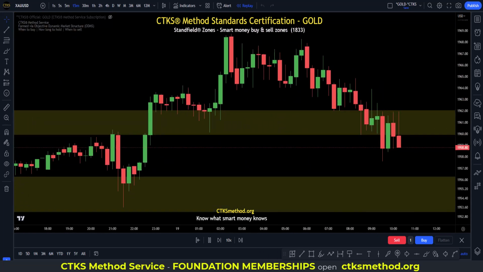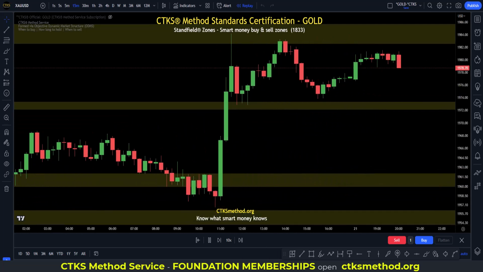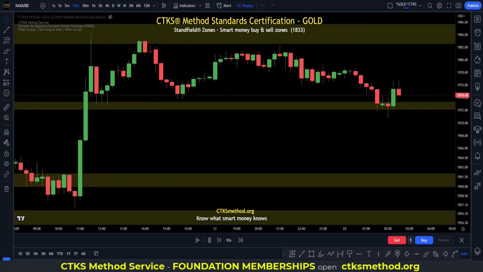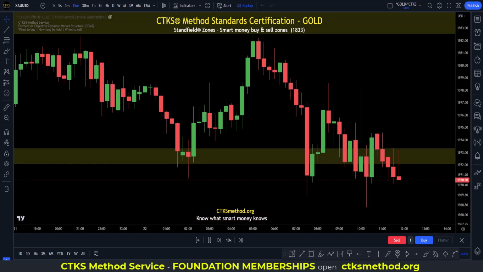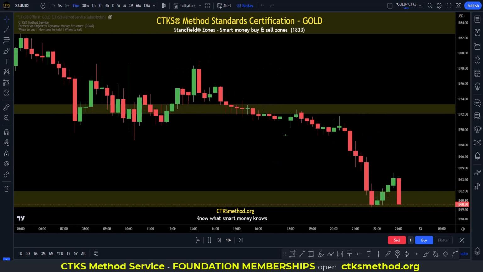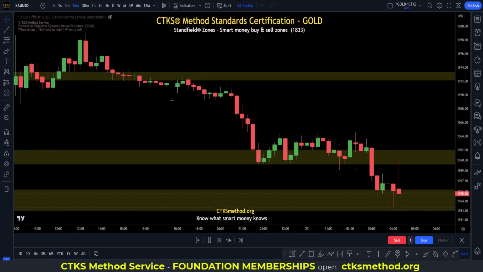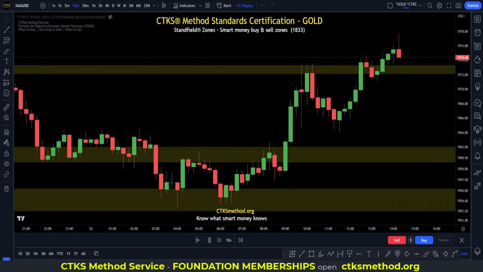Price is always going between a smart money buy area and a smart money sell area. Some smart money sell areas are much stronger than others. Some smart money buy areas are as weak as paper. Some smart money buy areas are as strong as concrete. Through the CTKS method, you can understand which is which.